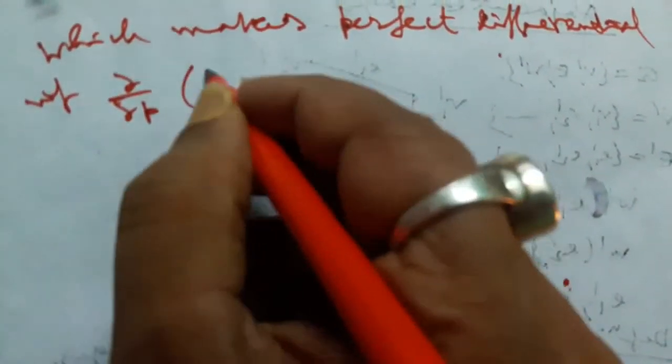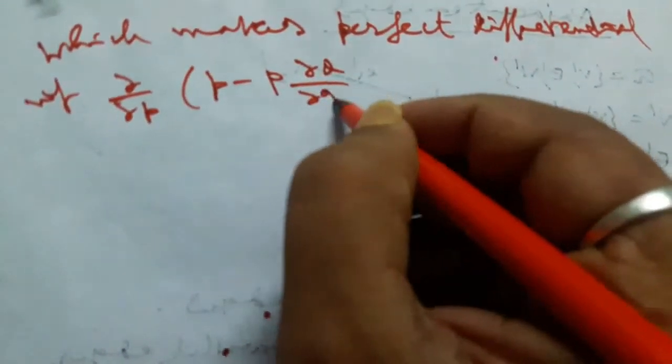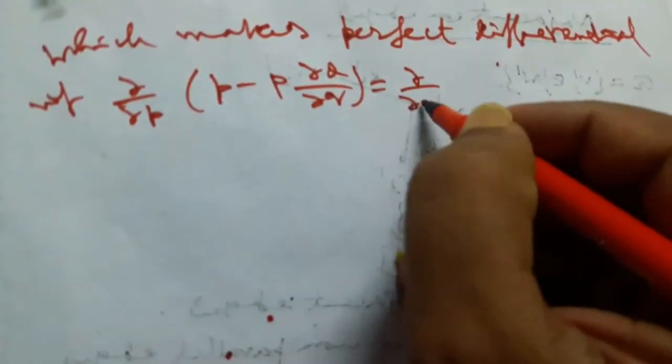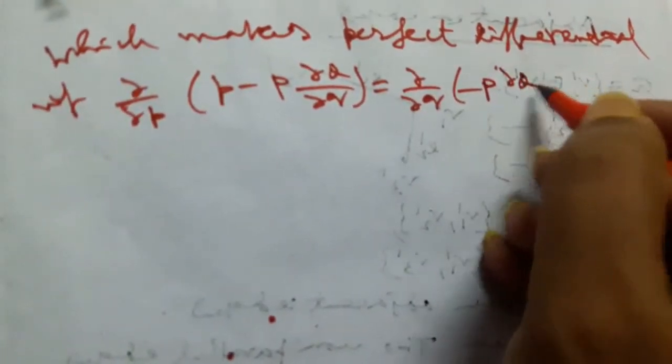del p of (p minus P del Q del q) is equal to del q of (minus P del Q del p).